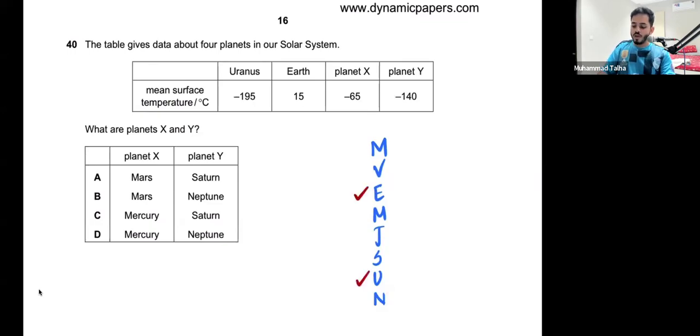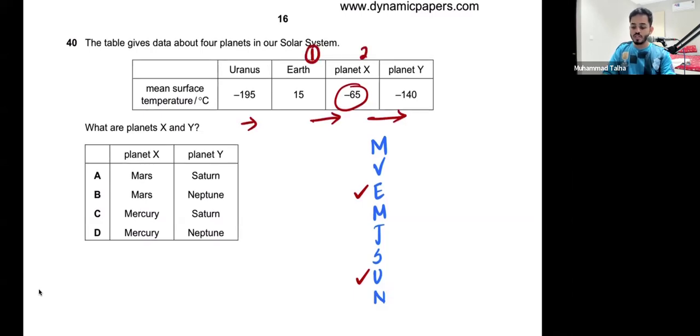So planet X is slightly colder, and then this is colder still, and this is the coldest, right? So this should be the Earth. It's the closest to the sun. Then this is the next closest. This is further away still, and this is the furthest away.